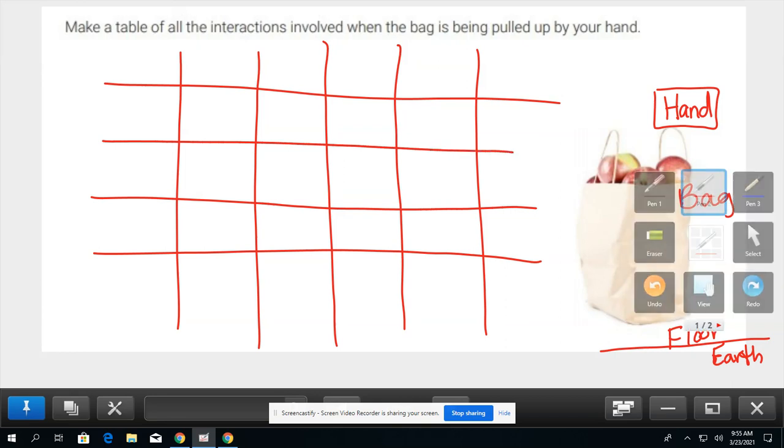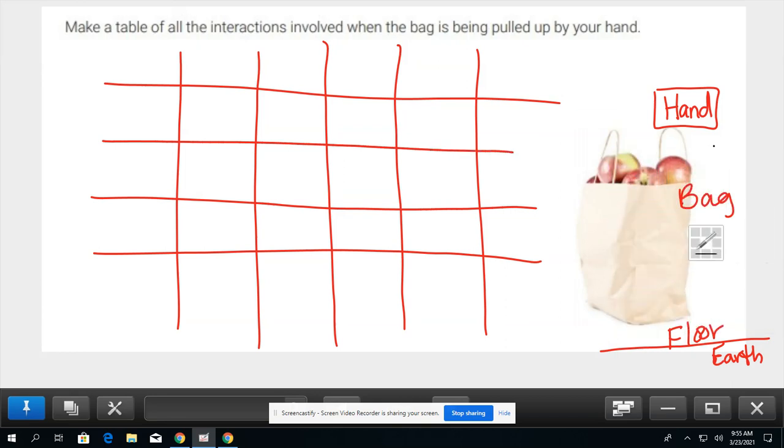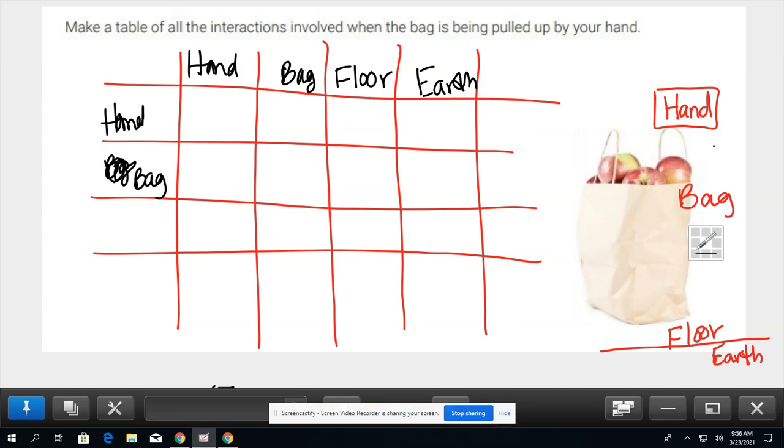You label the components across the top and down the side: hand, bag, floor, Earth.